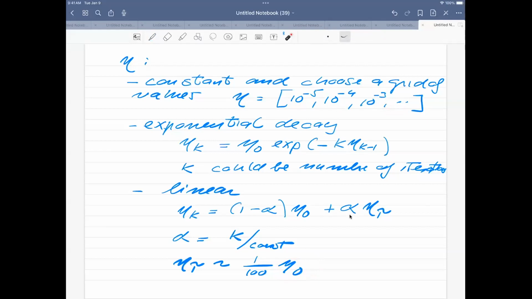So if you start with 10 to the minus 3, it moves to 10 to the minus 4, or another value. And then people would pick the value for, let's say, the mean squared error, which is the lowest one. Or if you're doing a classification, the best accuracy you can get with that specific learning rate as initial value.